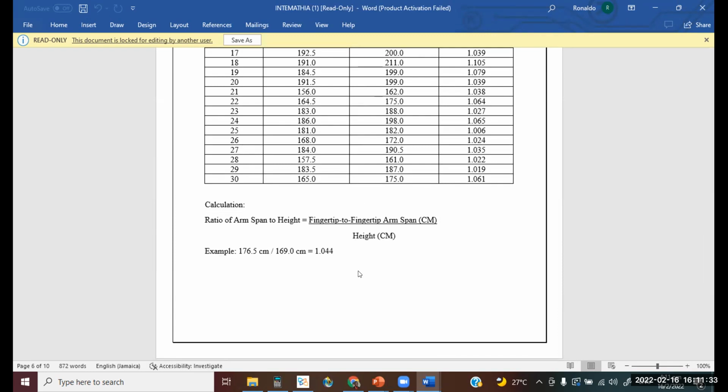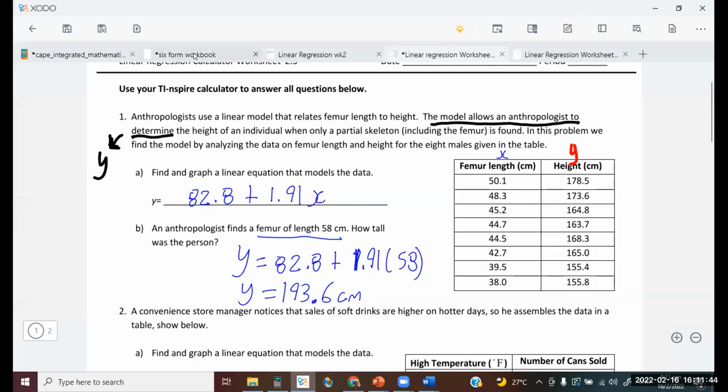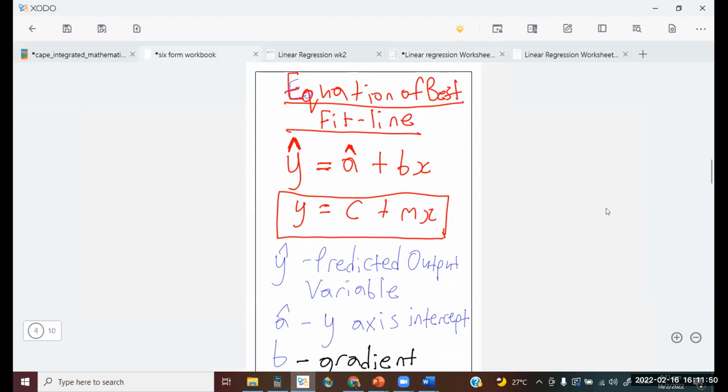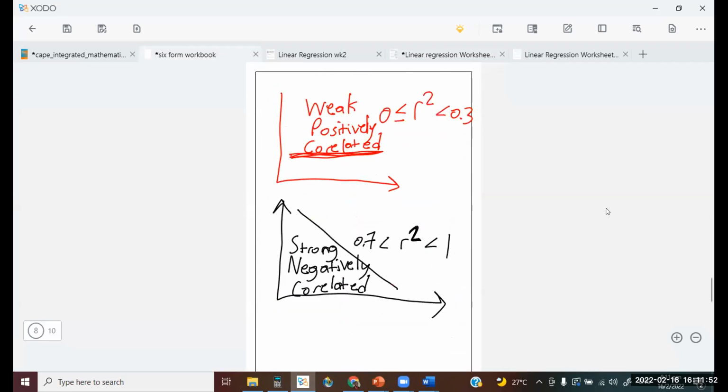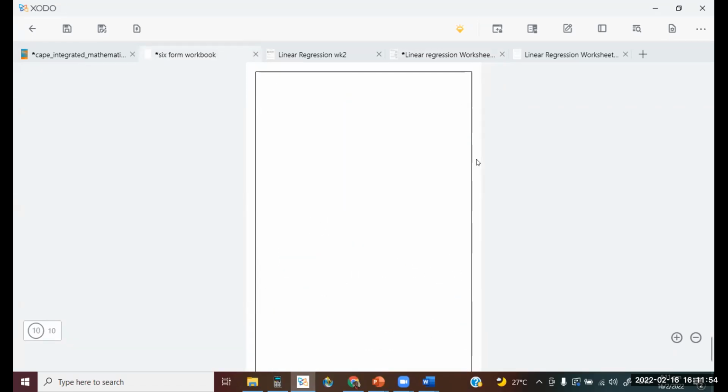Let me go back to a blank document. I'm just showing you what your graph might look like. Might. I notice you have persons that are like 160 centimeters, a little bit shorter.